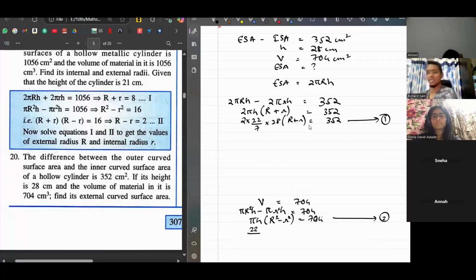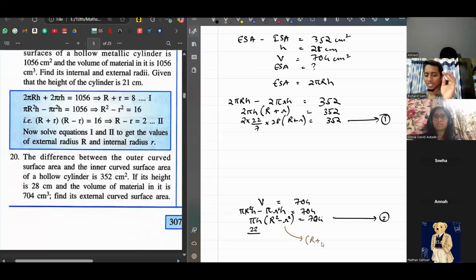Okay, you can actually start doing it if you understood what to do, right? There's no formula which will directly give you any value. If we use the first equation, we're getting capital R plus small r. If we do the volume formula, we're getting capital R square minus r square. But you should also keep in mind that capital R square minus r square is capital R plus small r into capital R minus small r, right?